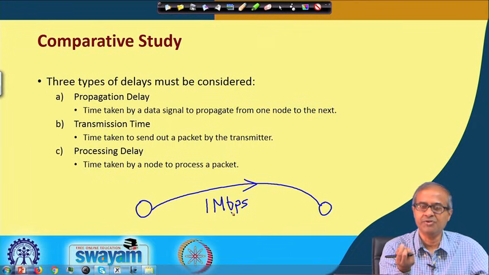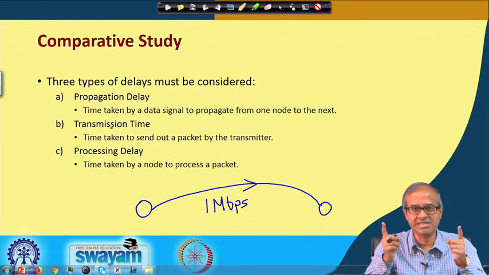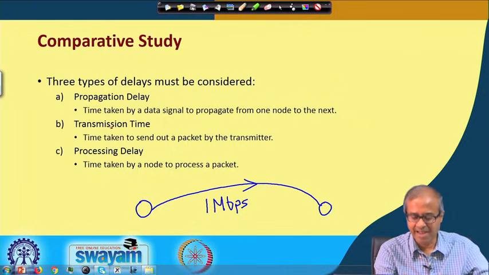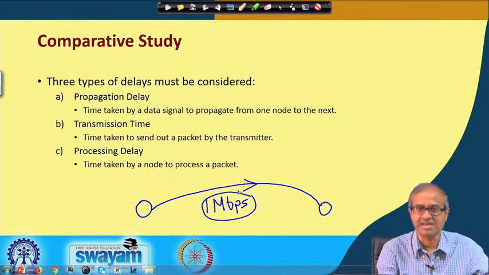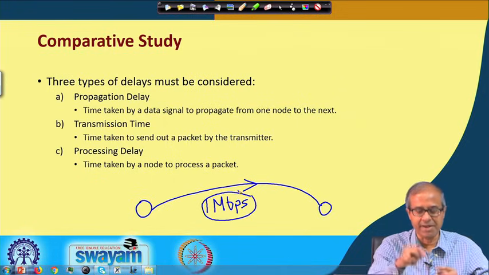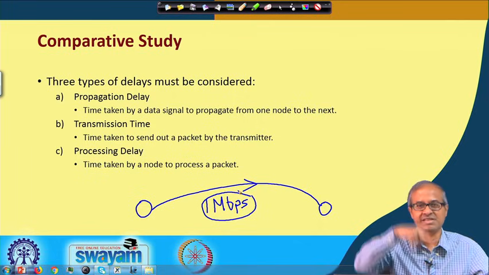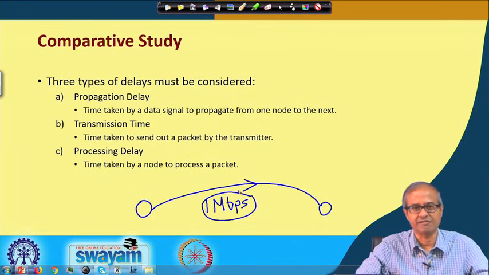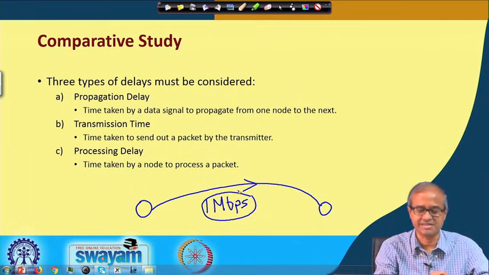Here every bit will take 1 microsecond, 1 by mega. So, 1000 bits will take 1 millisecond. That is the transmission time. It depends on the size of the message, how many bits are there, and the bandwidth of the link. It does not depend on the propagation delay, whether it is a satellite link or a copper link, whatever. So, these are two separate things.